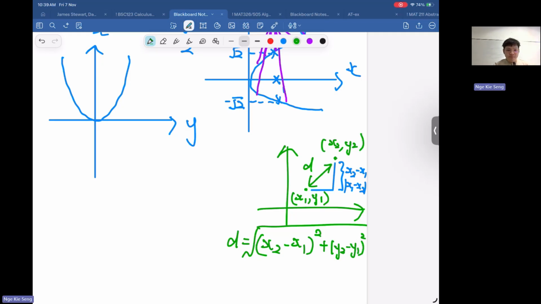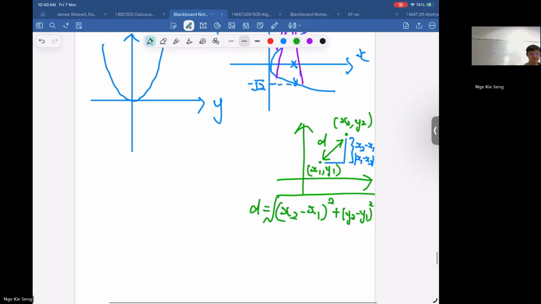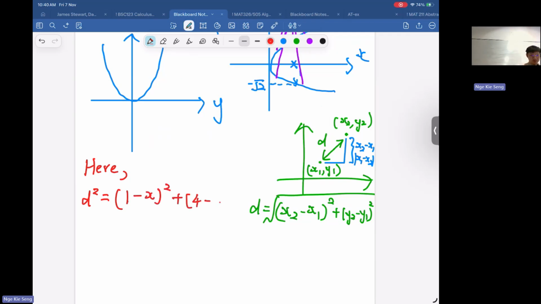Okay, so for our case, our d squared has one of the points fixed already, right? So it's 1 and 4. So we could get 1 minus x squared plus 4 minus y squared.